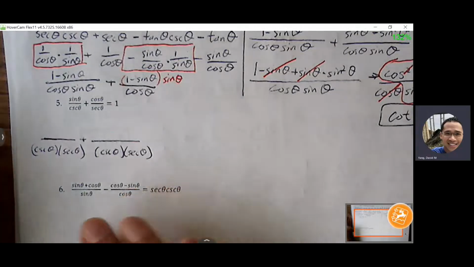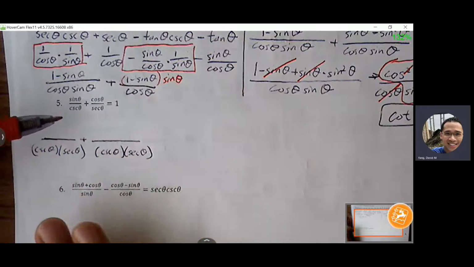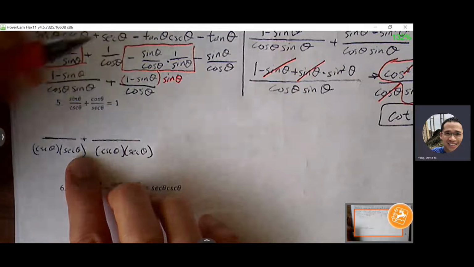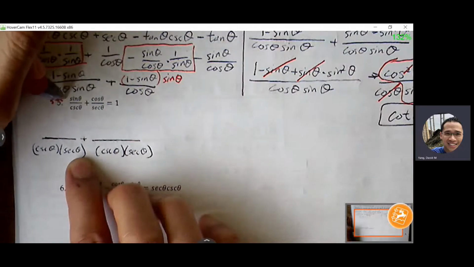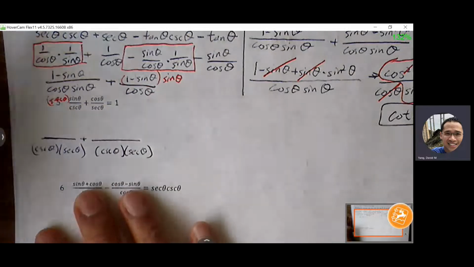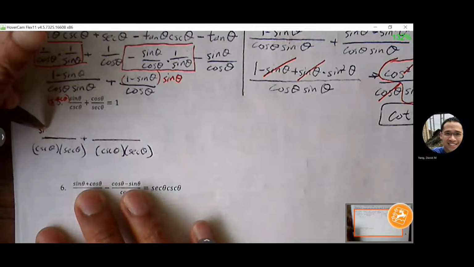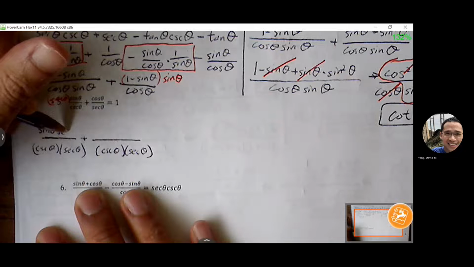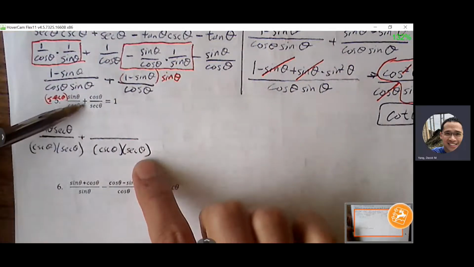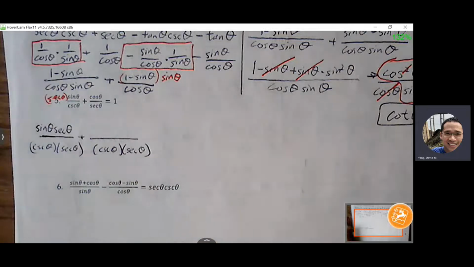Next up, we have to balance each of the fractions. What's needed for the first fraction? Secant. So I need to multiply the numerator by secant. Second fraction was needed. Secant.